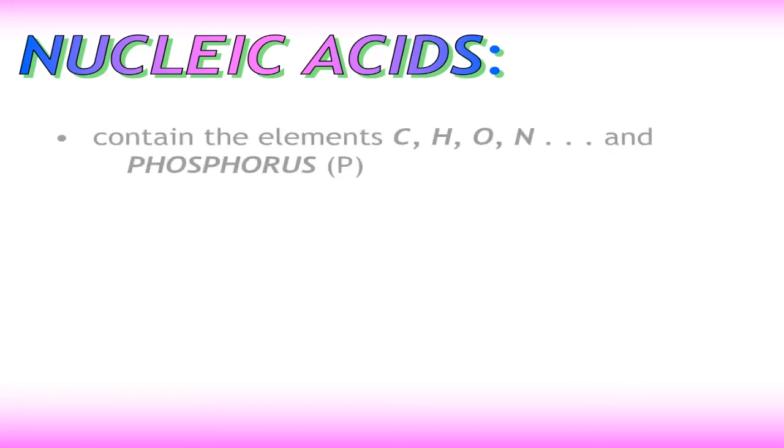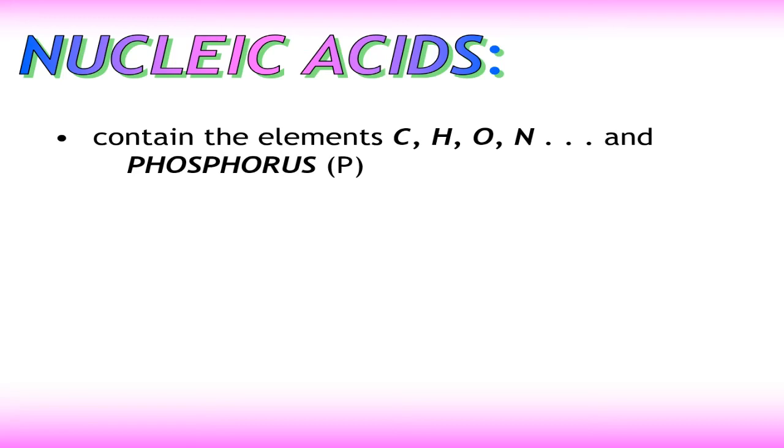Nucleic acids are the category of macromolecules that carry and express the information as the living thing builds and constantly rebuilds its body. Nucleic acids have carbon, hydrogen, oxygen, and nitrogen, just like proteins, but a big difference is they also use phosphate groups as part of their structure, and so they use the element phosphorus.